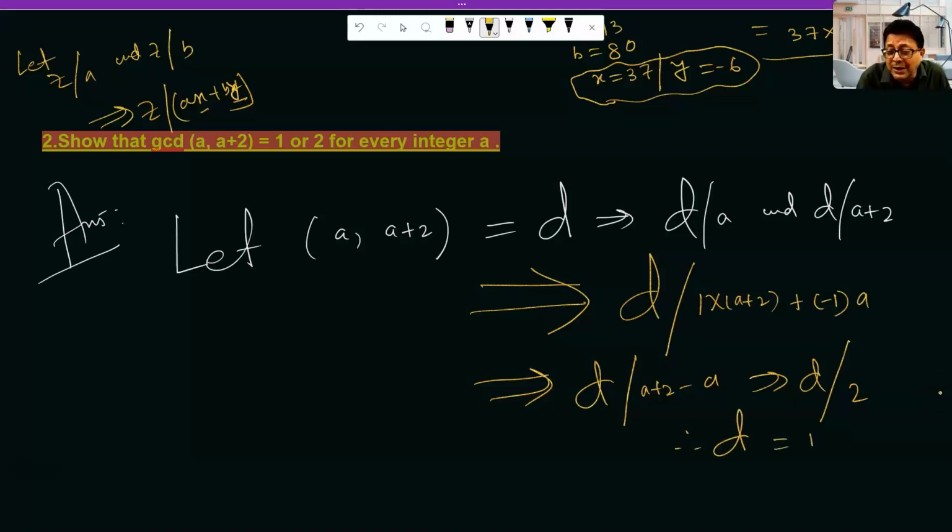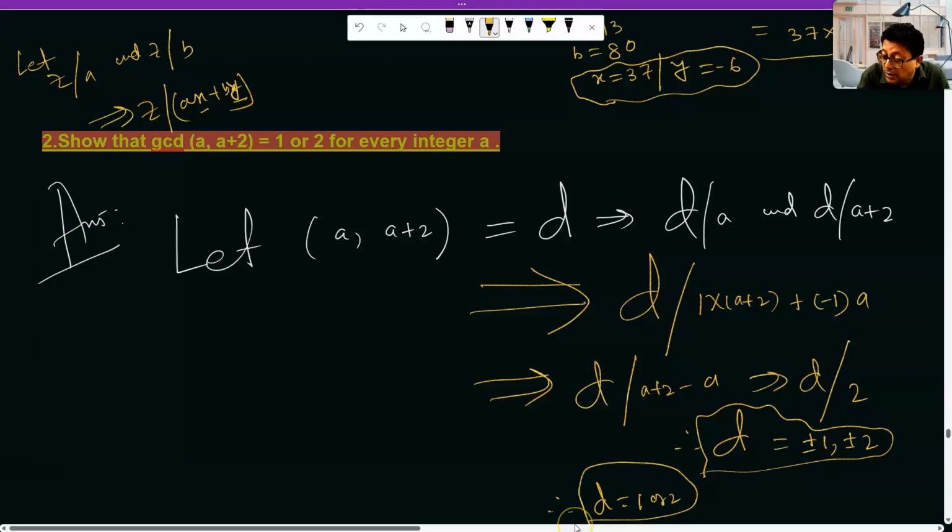So d equals what? Plus minus 1, plus minus 2. I got 4 answers. Don't be happy, I am wrong. 4 answers are not there. We forgot that GCD cannot be a negative quantity. So the value of d is 1 or 2, not minus 1, neither minus 1 nor minus 2. GCD can never be a negative quantity.